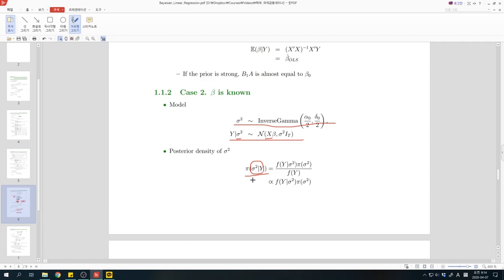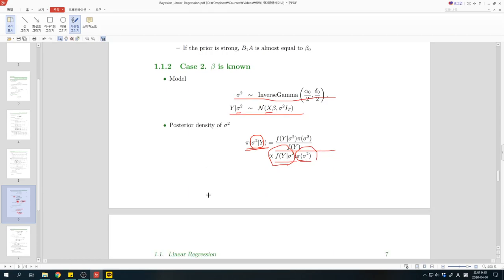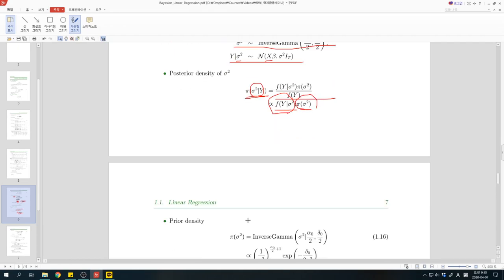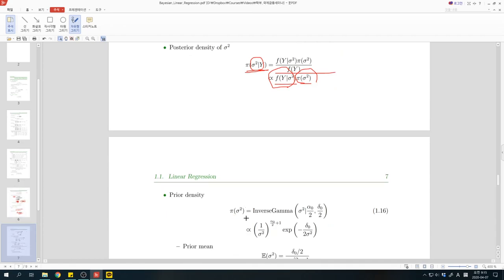As always, this posterior density is computed by the Bayesian rule, and it is proportional to the product of likelihood and prior density. The likelihood is the same as before. Now we have a new prior density, which is the density of sigma square. Because sigma square follows an inverse gamma distribution, the prior density pi of sigma square must have the inverse gamma density, and it has this form.